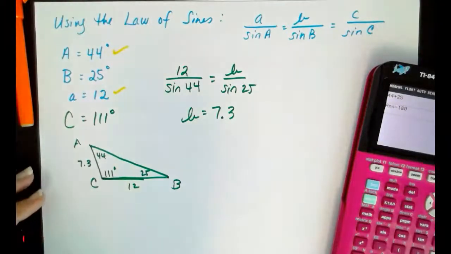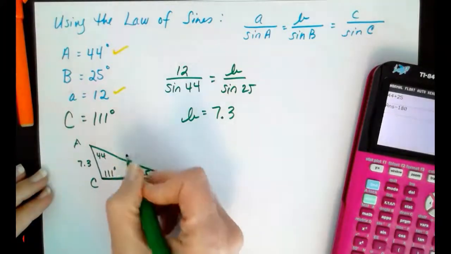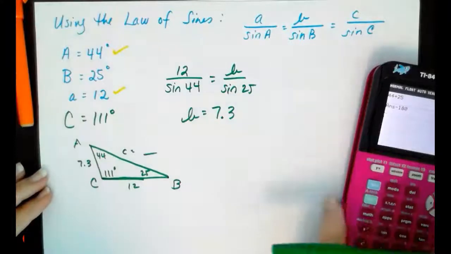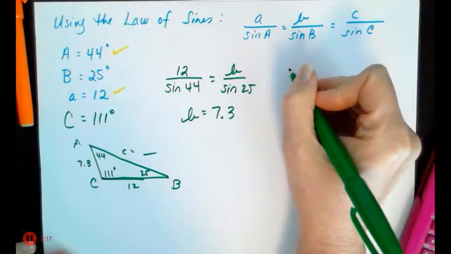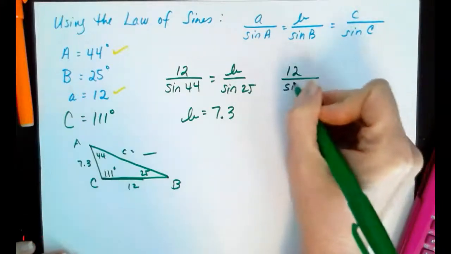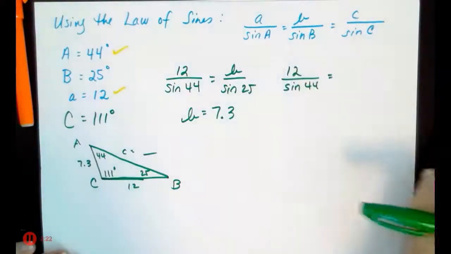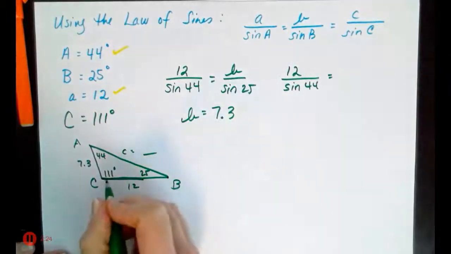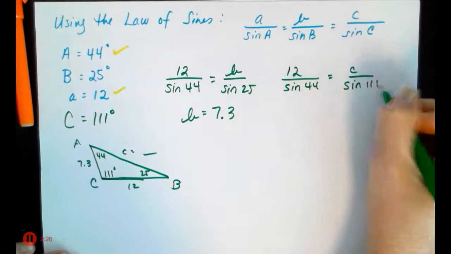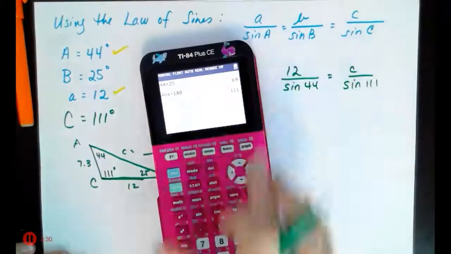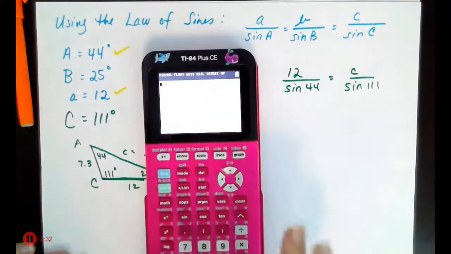Let's use the law of sines one more time, and let's find little c right up top. I'm going to stick with the same ratio that I started with. That's always the given, and that I would continue to use if possible. So now that we know that angle C is 111, little c over sine of 111, cross multiply and solve for c just like we did previously.